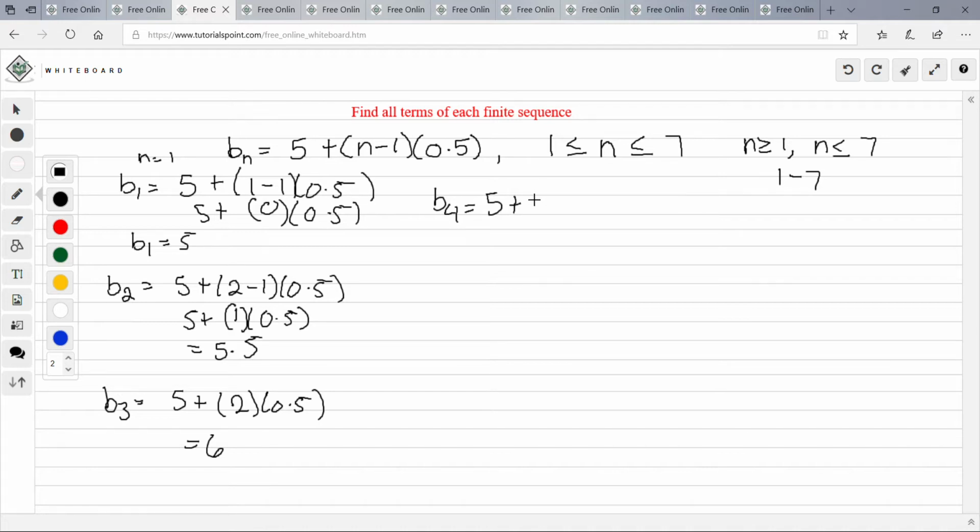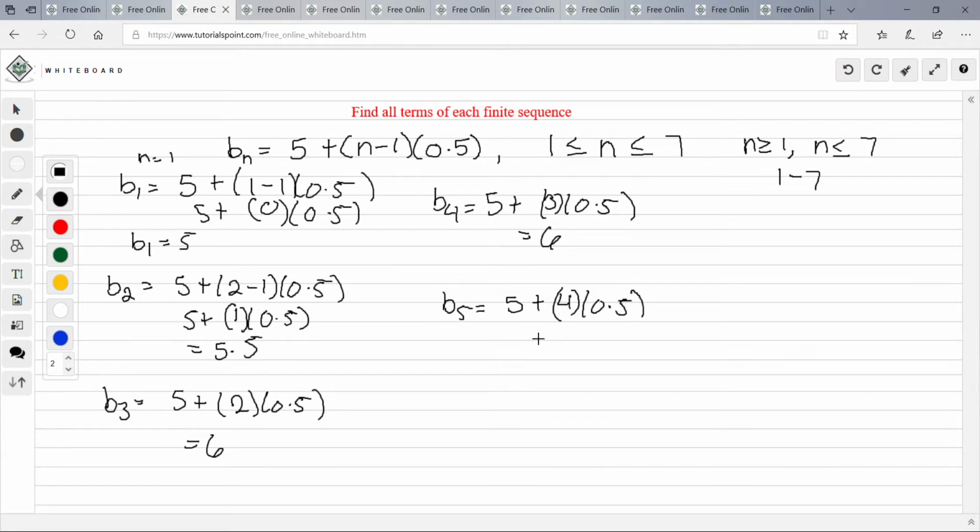B4: 4 minus 1 is 3, so that equals 6.5. B5 is 5 plus 5 minus 1 is 4, times 0.5.